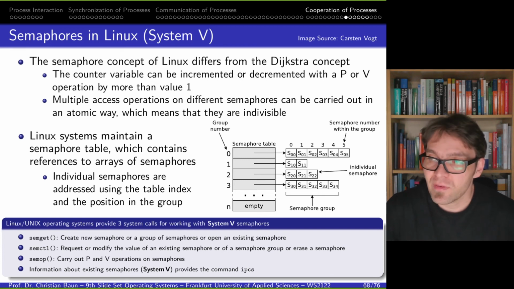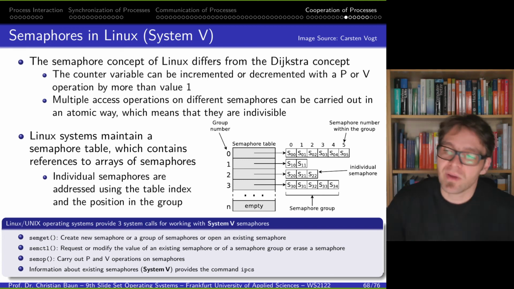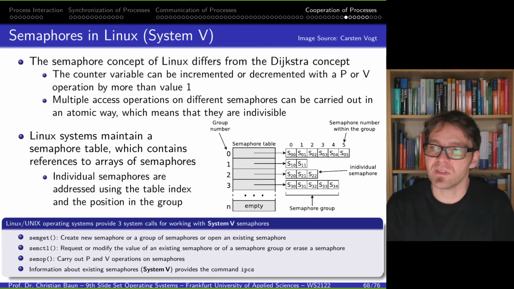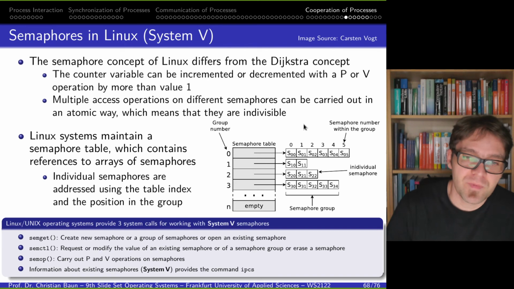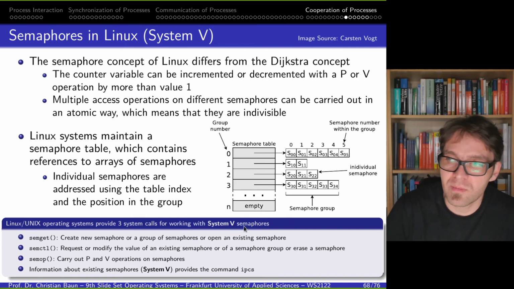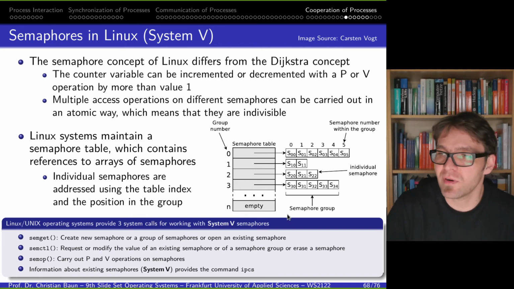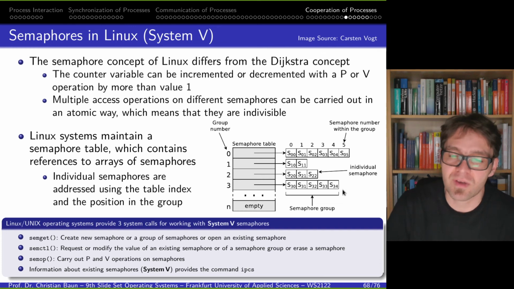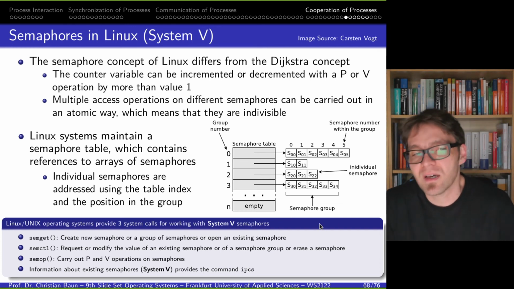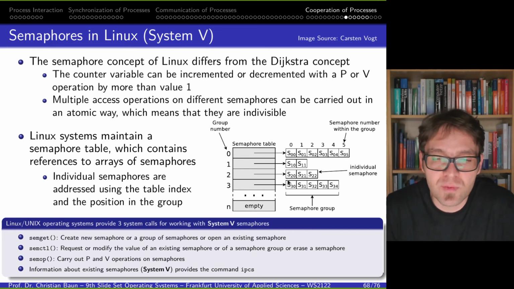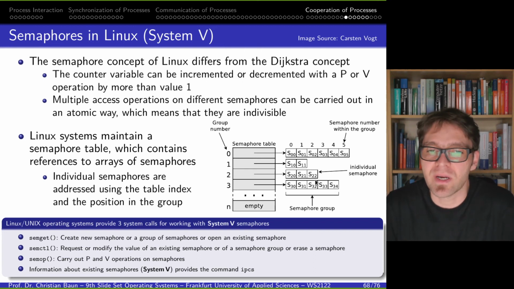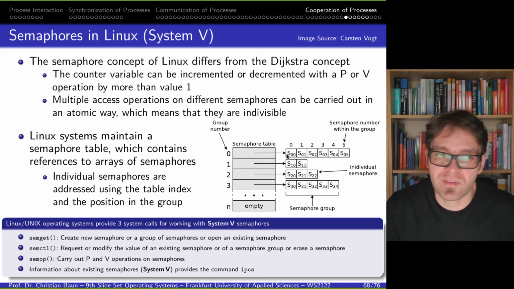It gives you a little bit more flexibility compared with the concept of Dijkstra. The operating system kernel also maintains a semaphore table now, referencing these groups, with an array for every semaphore group where we have the individual semaphores, their addresses inside.